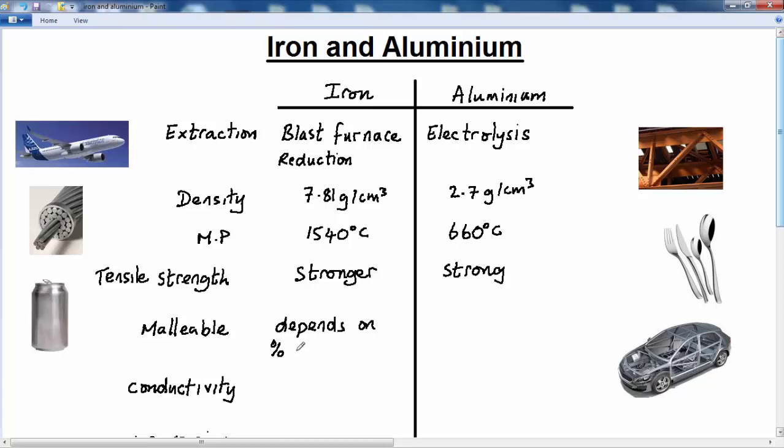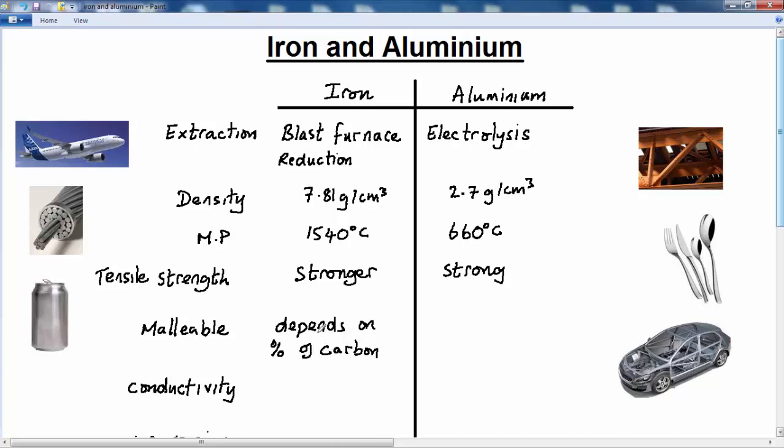Low carbon steel will be quite malleable, but higher carbon steel not so. The low carbon steels tend to be used, for example, for the manufacture of car bodies. It's quite workable, and that's got roughly 1.5% carbon in it.